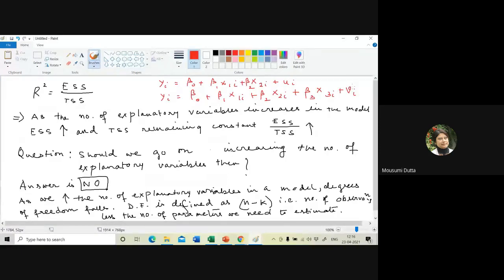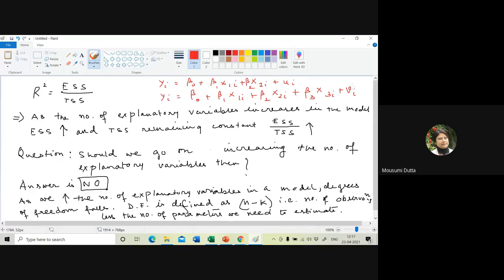As I increase the number of explanatory variables from 2 to 3, the number of parameters I need to estimate is also increasing from 3 to 4. Initially beta naught, beta 1, beta 2, and now it is beta naught, beta 1, beta 2, beta 3.